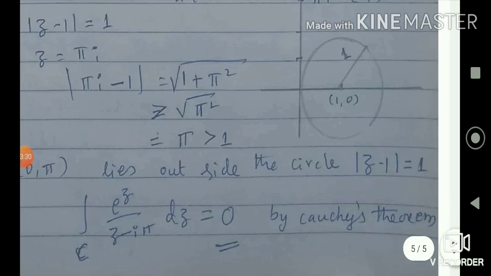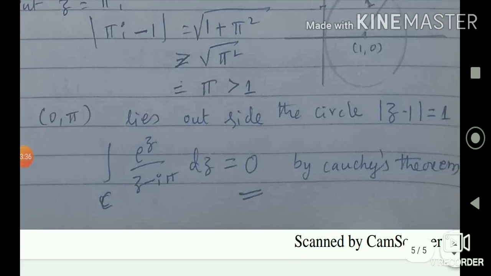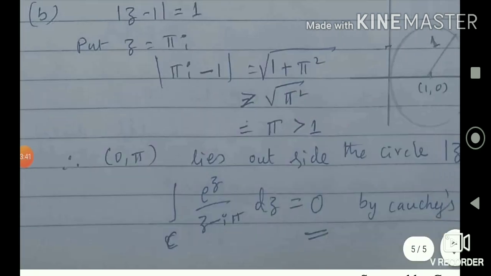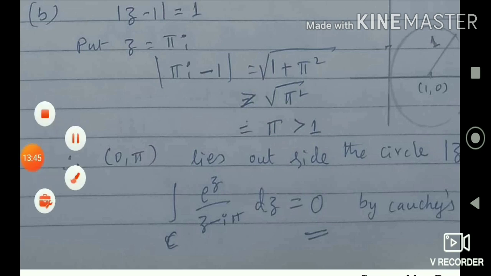We can apply Cauchy's theorem, not Cauchy's integral formula. Cauchy's theorem gives you this integration equal to 0. So these are the two different cases of this problem. I hope this is clear, and this completes the simple problems on Cauchy's theorem and Cauchy's integral formula.